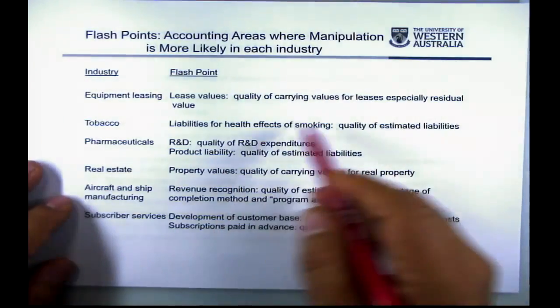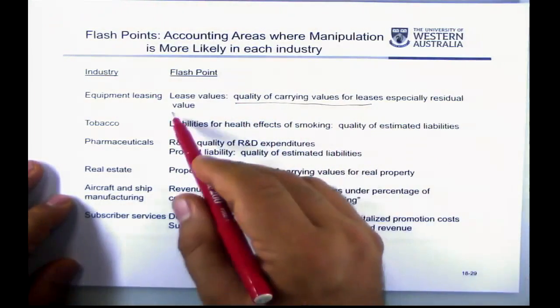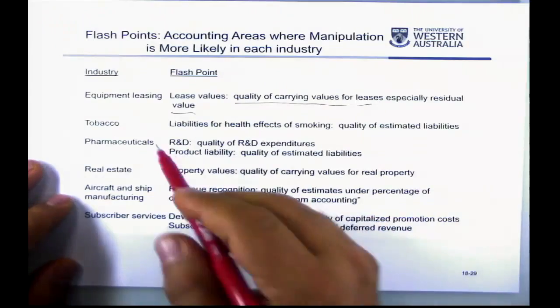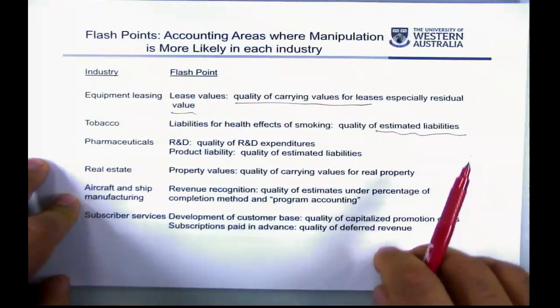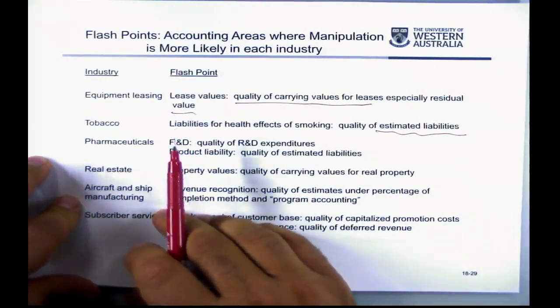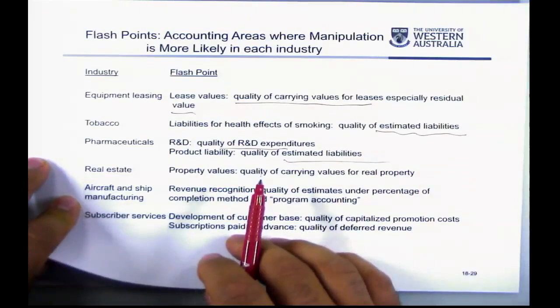Equipment leasing, the carrying value and the residual value. Tobacco, pay attention to the estimated liabilities. Pharmaceuticals, pay attention to R&D and the quality of the estimated liabilities.